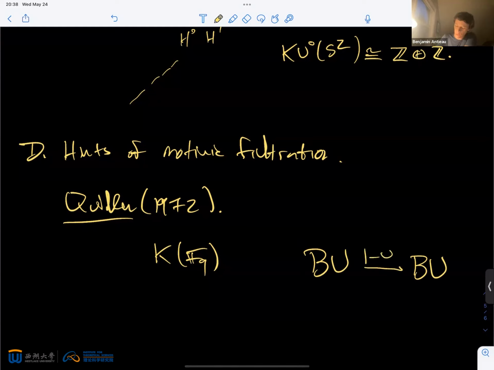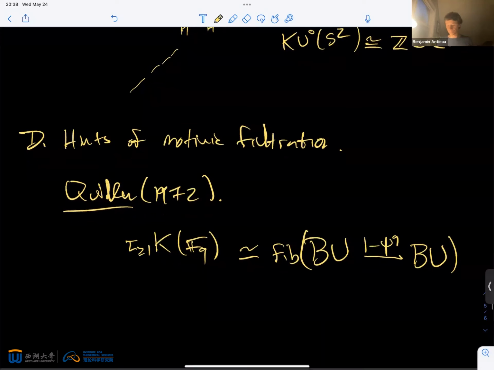Those are denoted psi^k for various k, but the one that matters here is q. If I force psi^q to be the identity, i.e. I take the fiber, then I get an equivalence. At least this doesn't quite get K0, so I get all of the higher K groups this way.